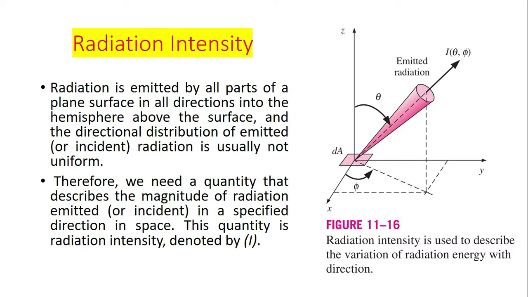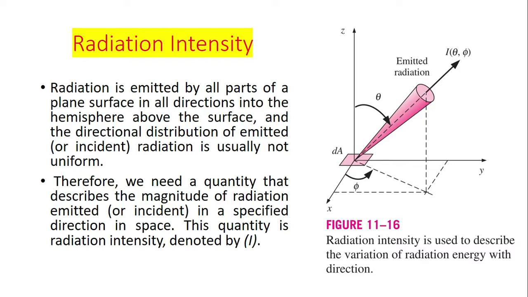The purpose of studying this topic is to see that the emitted radiation varies based on these angles in the spherical coordinates. If all surfaces emitted radiation uniformly in all directions, then the emissive power would be sufficient to quantify the radiation process, and we would not need any intensity in order to describe the radiation.